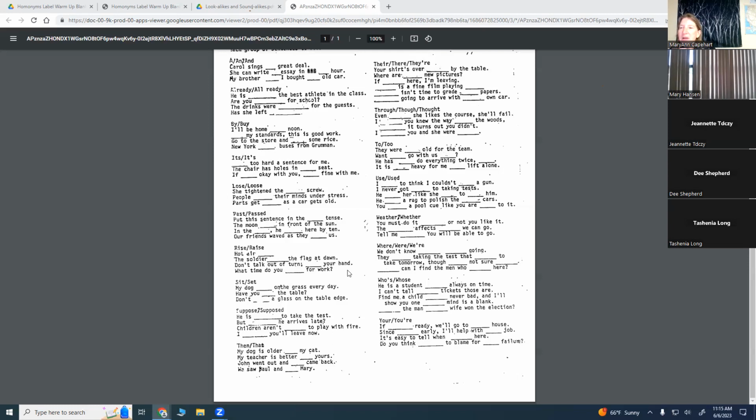Good. So too means also, right? He has to do everything twice. It is too heavy for me to lift alone.